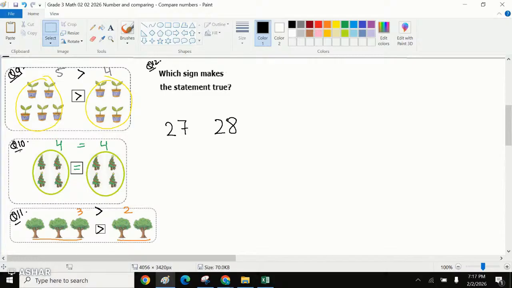Yes, we can say 28 is greater than 27. That is still true, right? Or someone might say 27 is less than 28, and this statement is also true.